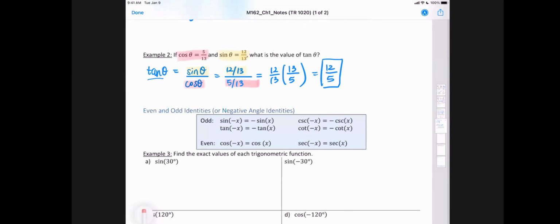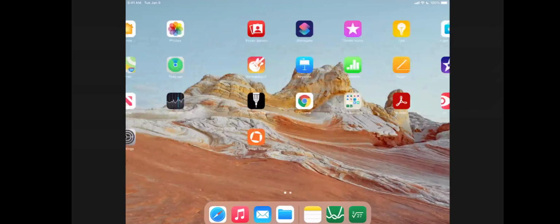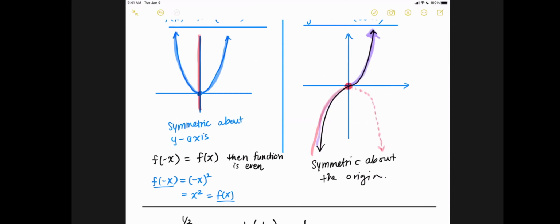So later when we graph these functions, you'll see that cosine is actually an even function. When we graph it, you'll see that it's symmetric about the y-axis. And because it's an even function, this holds true: if our input was negative, it'll be the same as if the input was positive.